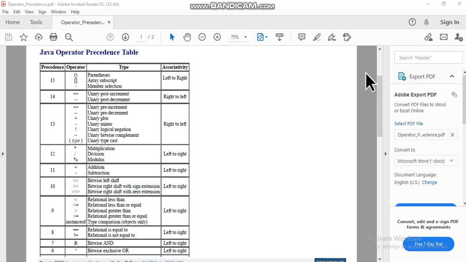As a whole, for all the basic comparison and mathematical operators, there is a strict rule of associativity from left to right. They get evaluated from the left side of the expression to the right side. Only in the case of unary, pre-increment, and post-increment is it from right to left.